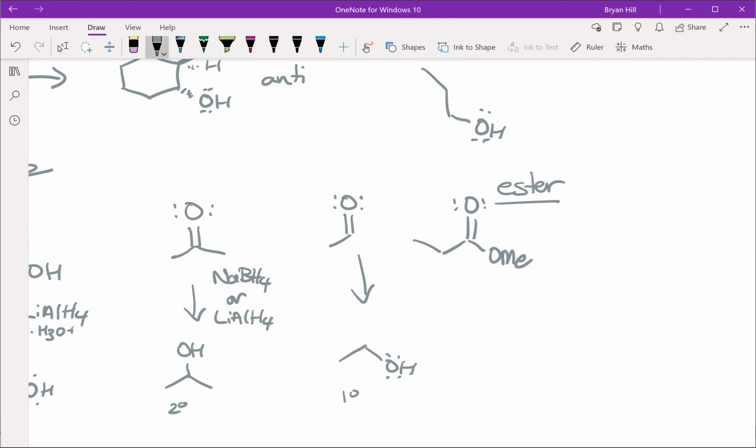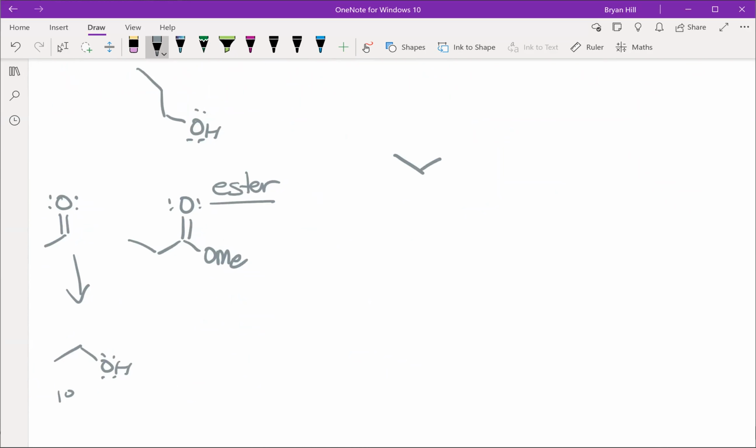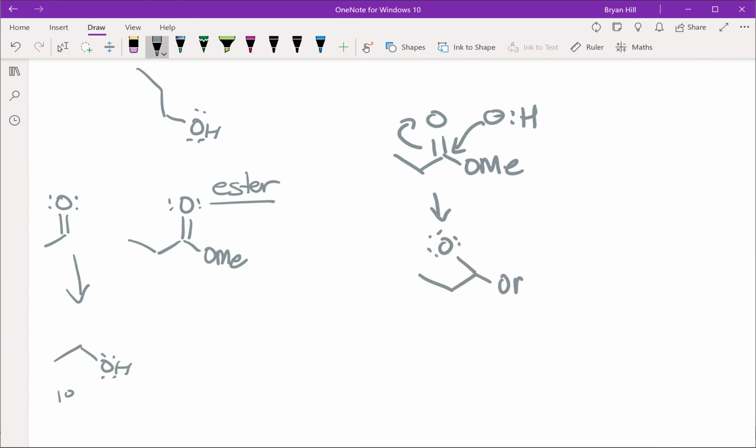And the way that this would work is, let's try to draw the little mechanism here just to remind everybody. OMe. I'll just draw the hydride as H minus. Electrons attack, electrons move up, and then we would have our tetrahedral intermediate.